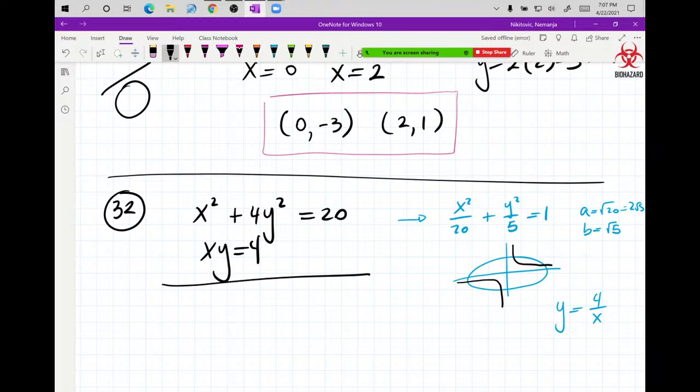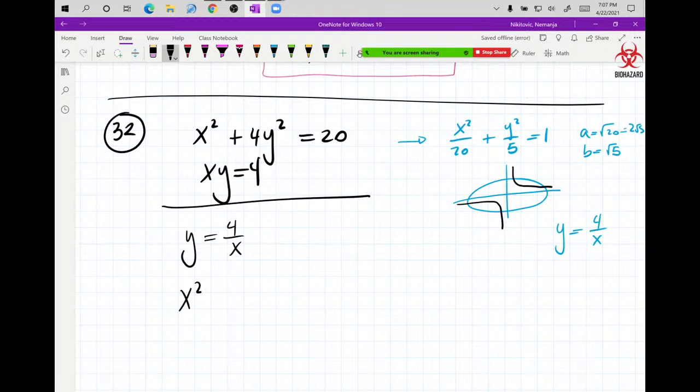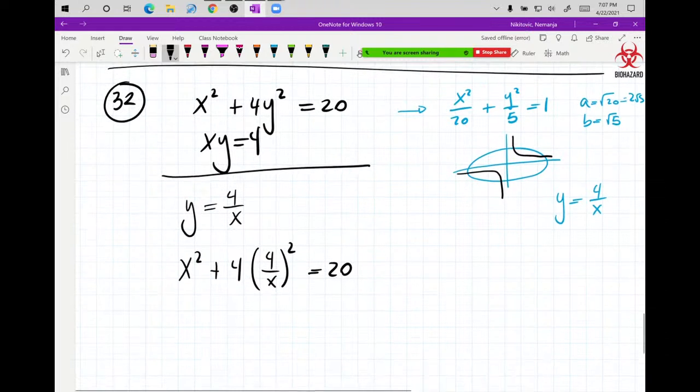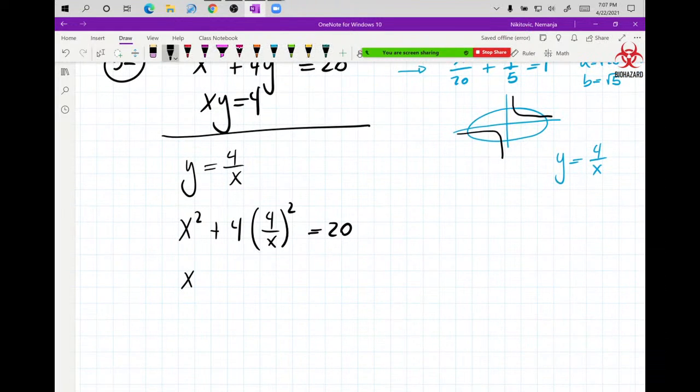Now we already saw technically the solution over here. You have y equal to 4 over x, and you just plug that in. So x squared plus 4 times (4 over x) squared equals 20. When you square it, you get 16 over x squared, but 16 times 4 is 64.